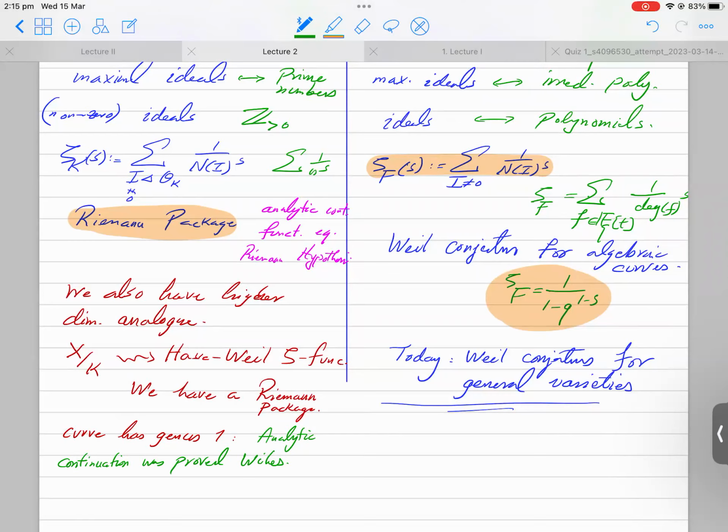The only way you can prove analytic continuation is via modularity. That's the only known way.